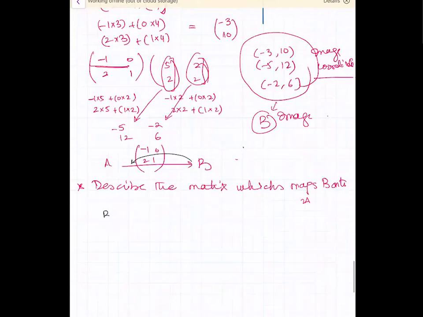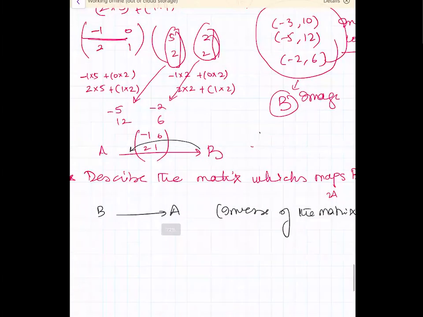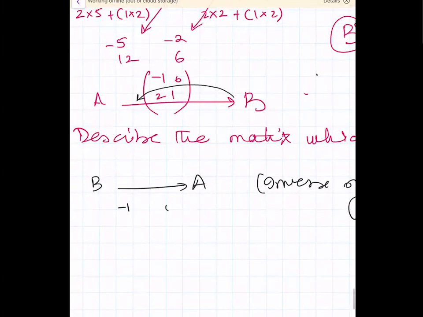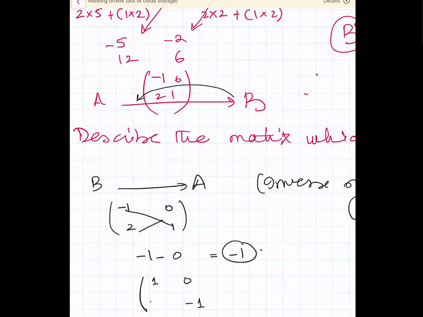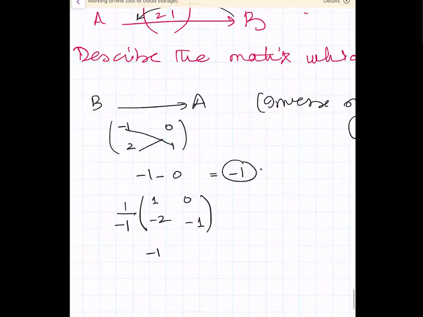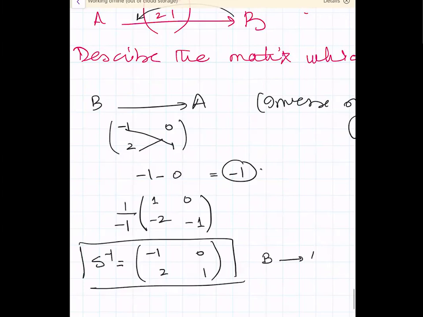So B to A means inverse of the matrix. How do you find out the inverse of the matrix? It's minus 1, 0, 2, 1. AD minus BC. The determinant is minus 1. Switch the positions, change the signs. 1 upon determinant. That gives you minus 1, 0, 2, 1. This is going to be your S inverse, which describes B onto A.